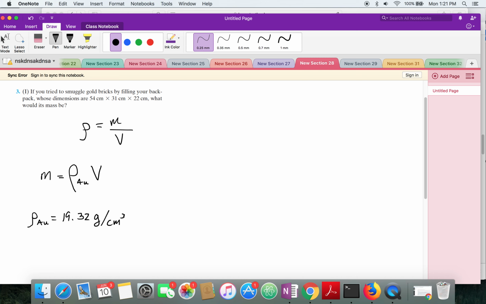We might as well work in cubic centimeters, since our volume is going to naturally be in cubic centimeters. Our volume is these 3 numbers multiplied together. So it's going to be 54 times 31 times 22, and that's going to have units of cubic centimeters. I'll put that in the calculator real quick.